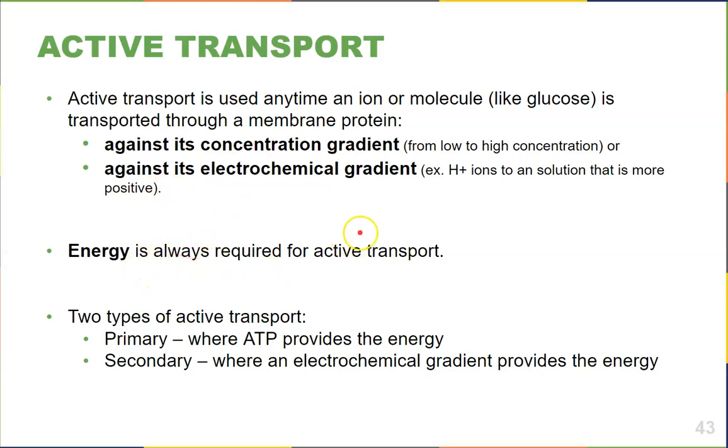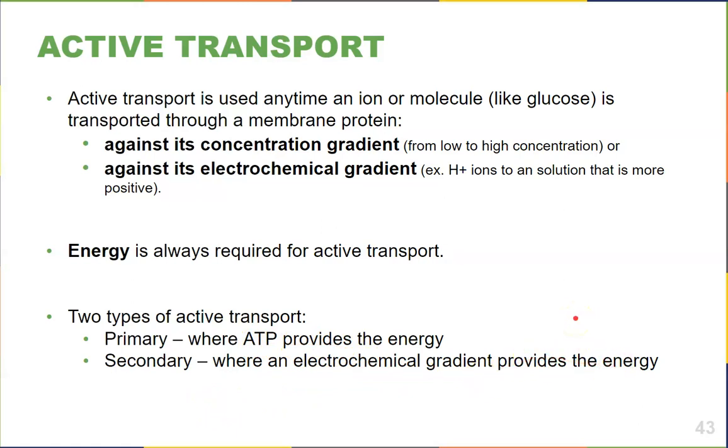Energy is always required for active transport, so active meaning energy. And there are two types of active transport. There's primary, where ATP provides the energy, and then there's secondary, where an electrochemical gradient provides the energy.